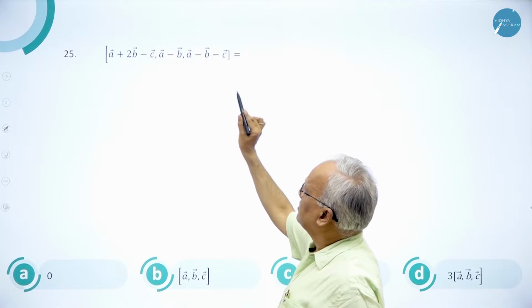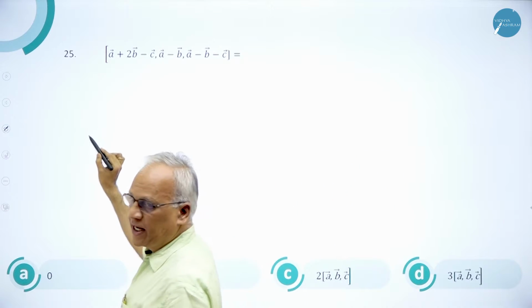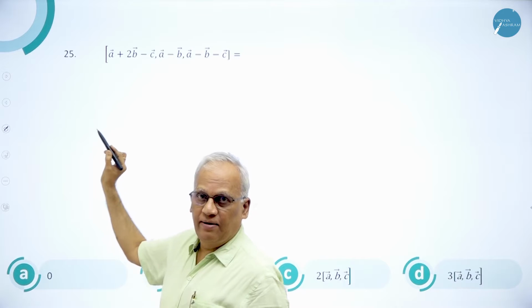Now this scalar triple product of this. So usually if you go by the definition, I give two methods. Both are very interesting.